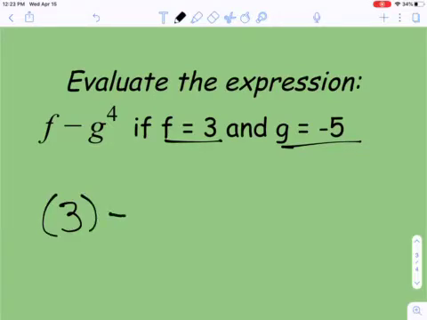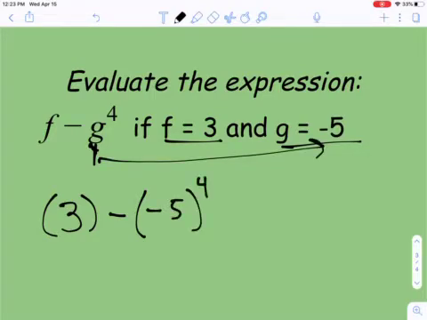I'm going to go minus, and wherever I see g, I'm going to substitute in negative 5. So I'm going to write negative 5 to the 4th power. Now we need to break this open so that we can finish combining everything.